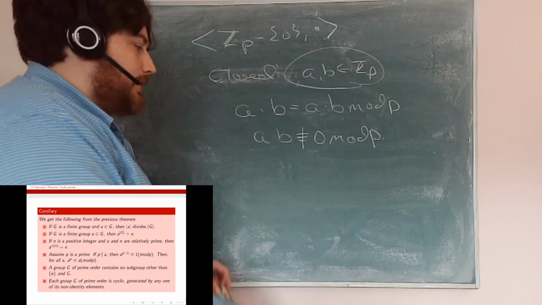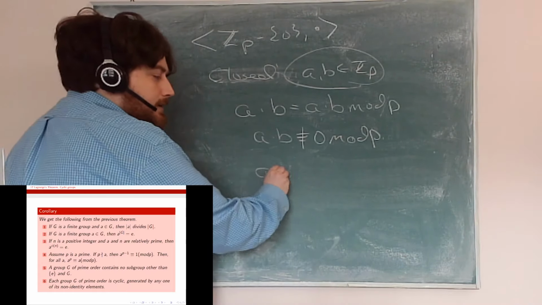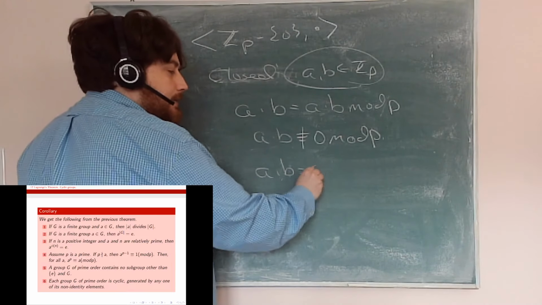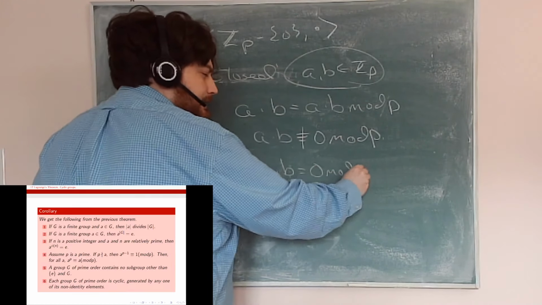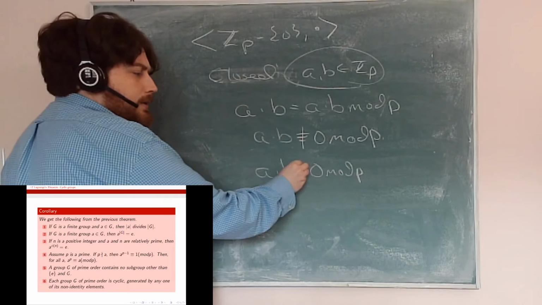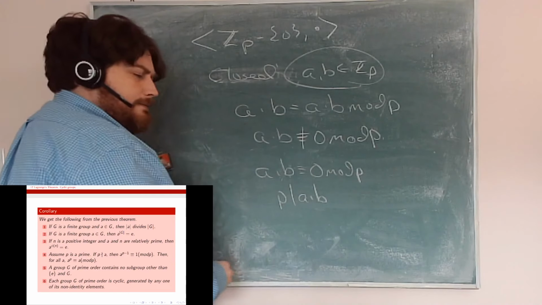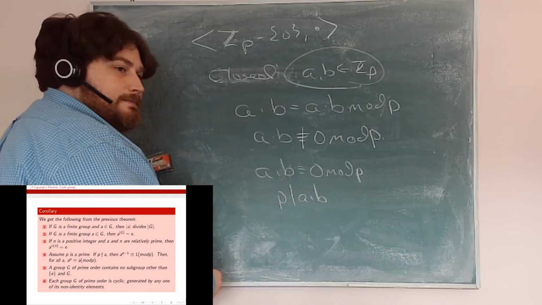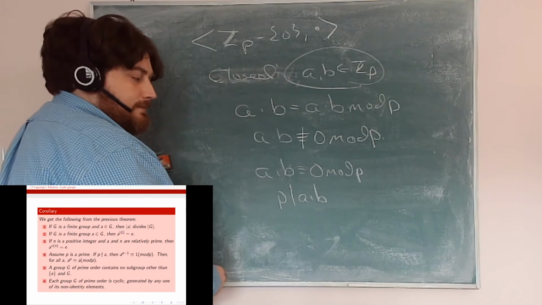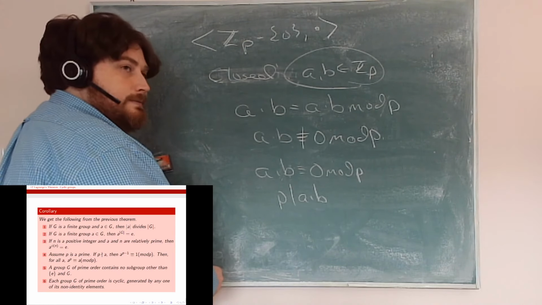All right. So I'm going to do this one by contradiction. Let's suppose a times b was equal to 0 mod p. What does it mean to be congruent to 0 mod p? It means p divides a times b, right? You guys following that one?